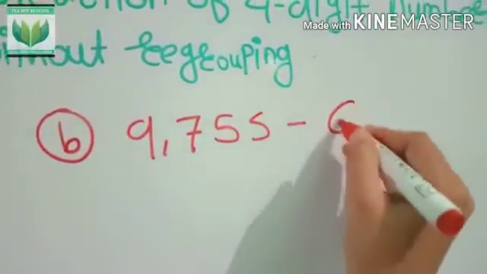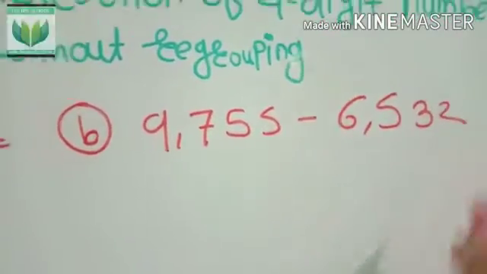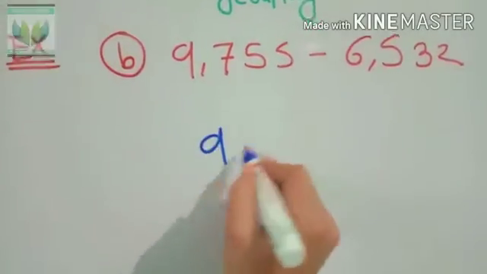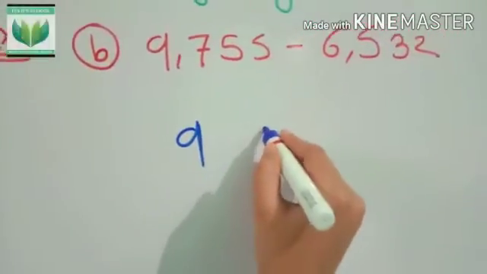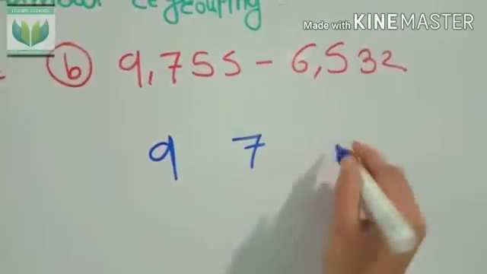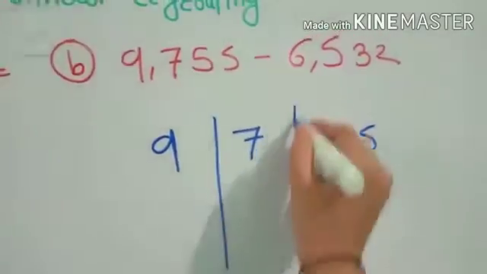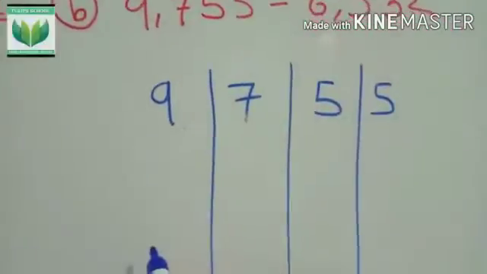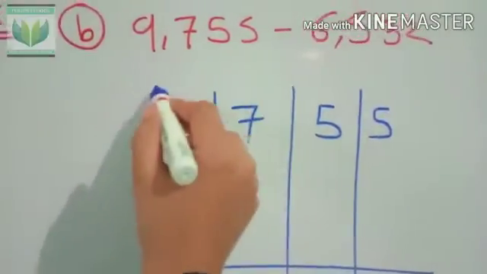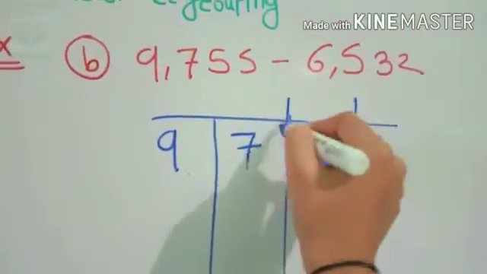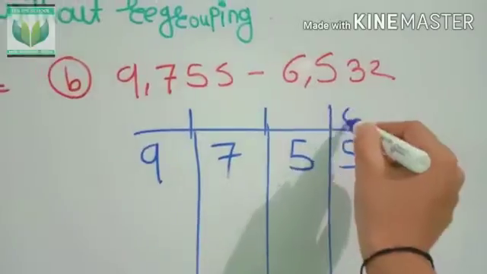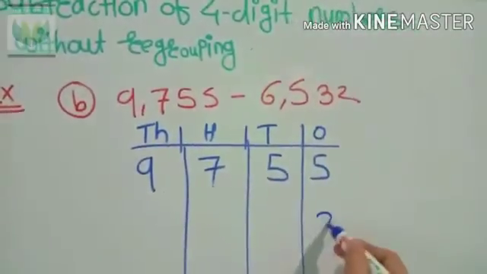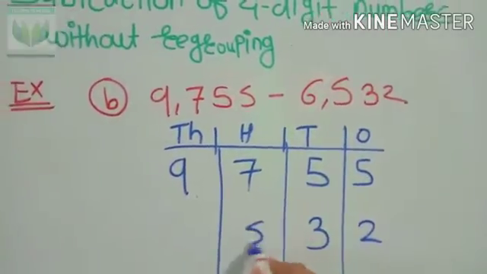9,755 minus 6,532. Now we have to do the subtraction. Write 9,755 with the places ones, tens, hundreds, thousands. On the back side we have to write the second number.